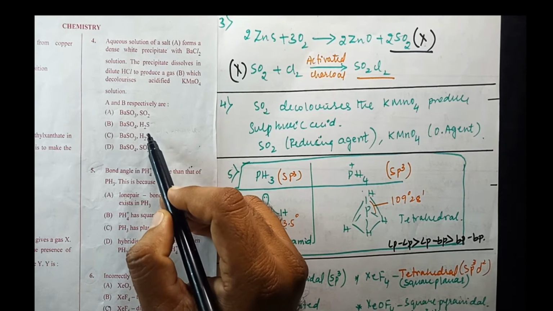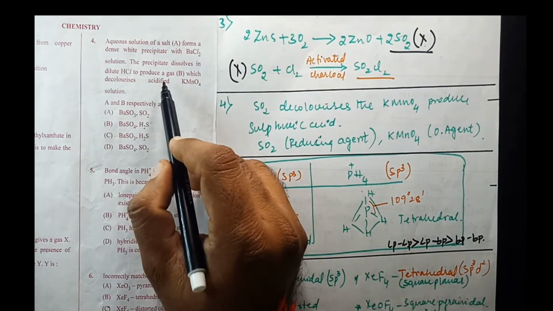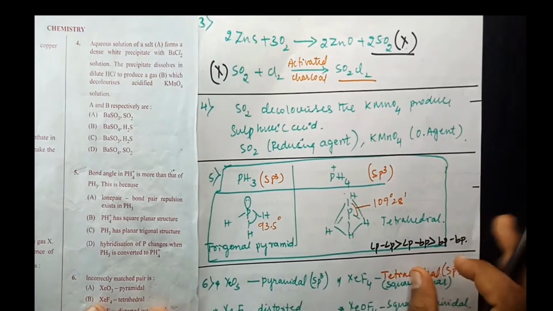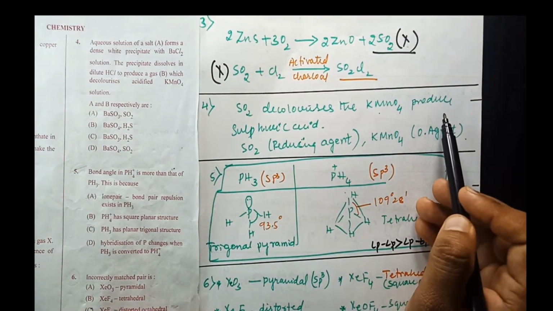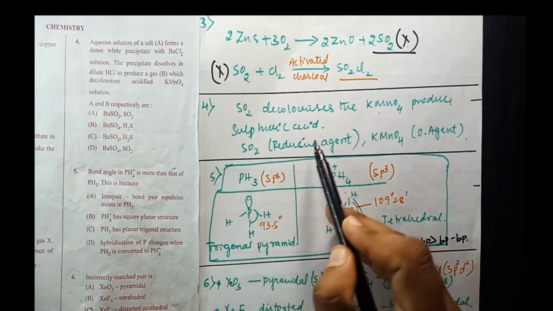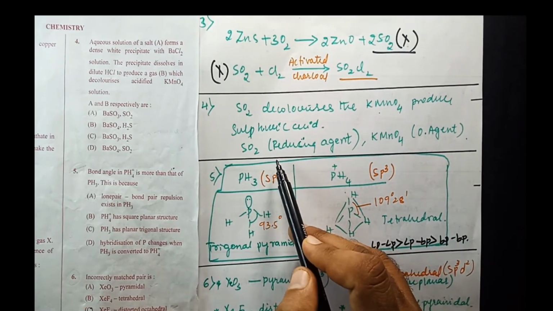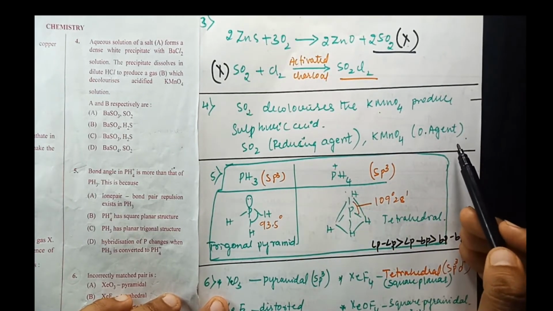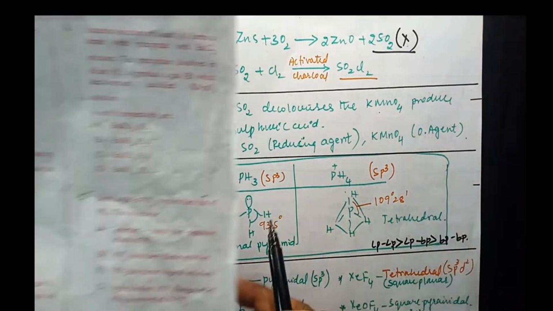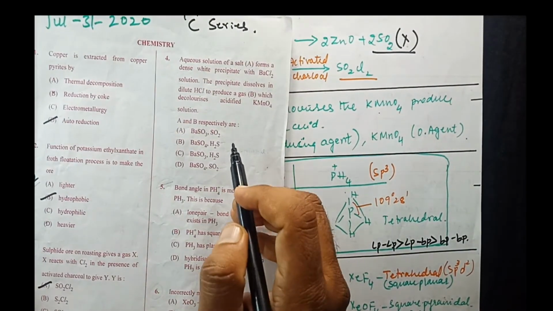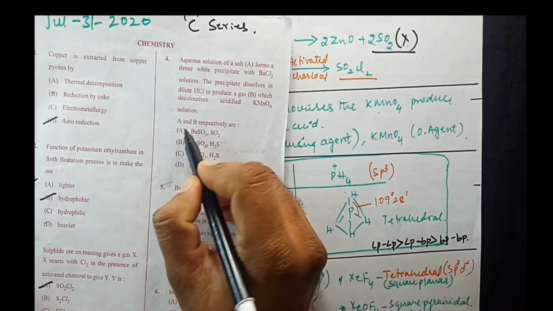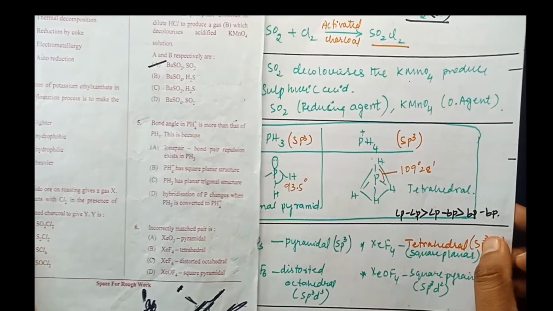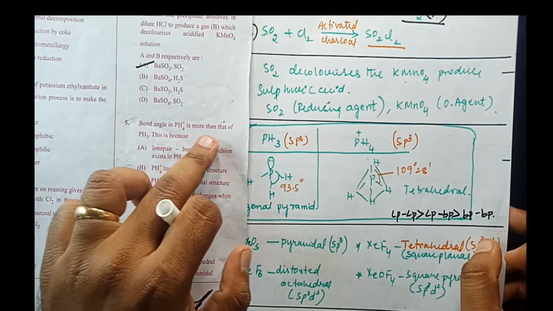Options A and C are left. The gas produced decolorizes the acidified KMnO4. SO2 decolorizes KMnO4 by producing sulfuric acid. SO2 acts as a reducing agent, KMnO4 acts as an oxidizing agent. So the option is BaSO3, SO2.